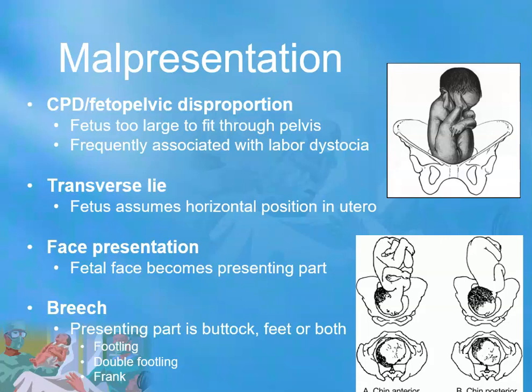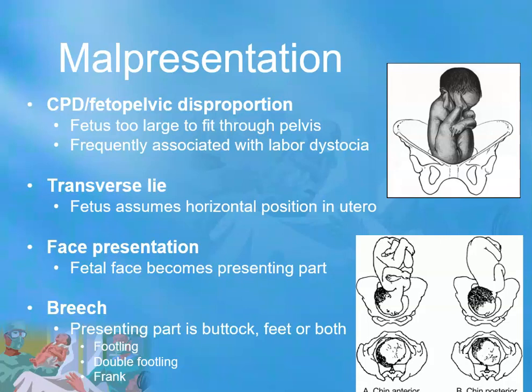Transverse lie: the fetus assumes a horizontal position in utero, so the baby is kind of lying sideways, or the head is more side to side. Remember, babies come looking down at the ground, the back of the head under that pubic bone sliding down is the easiest way to deliver from below.